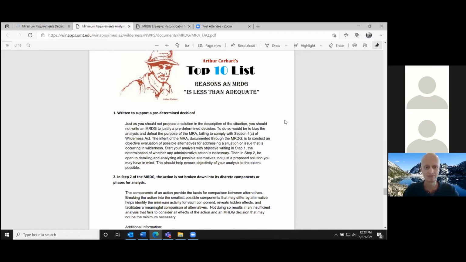They'll have a forest-wide EIS to consider options for treating invasive plants, and then maybe toward the end they're like, oh yeah, in wilderness we want to do this work as well, and all of a sudden they need to do this minimum requirements process. So ideally we're doing this process before NEPA, and it helps inform the NEPA process.